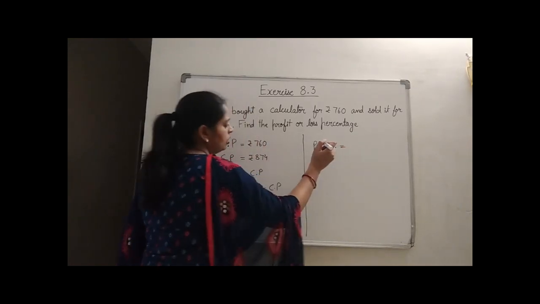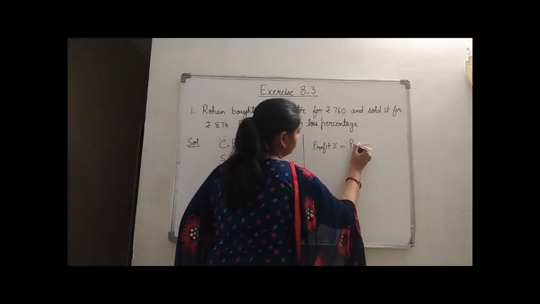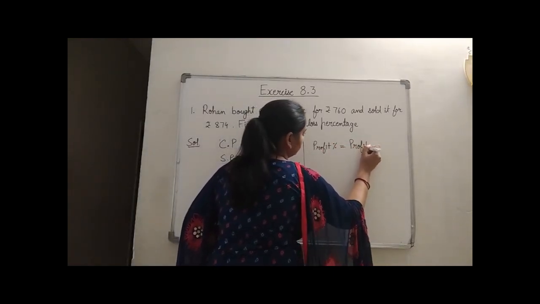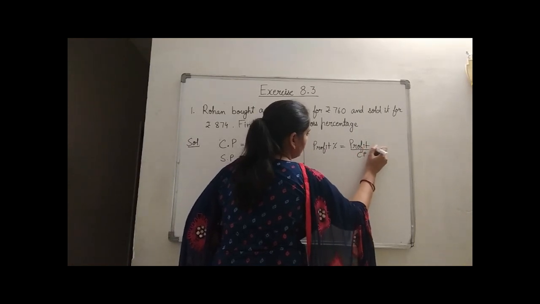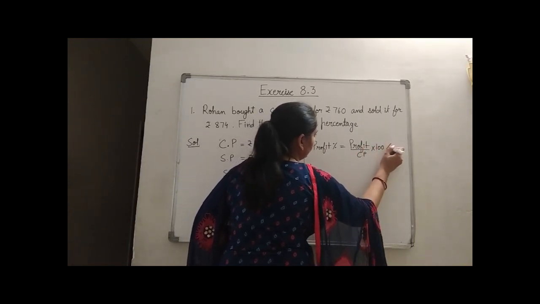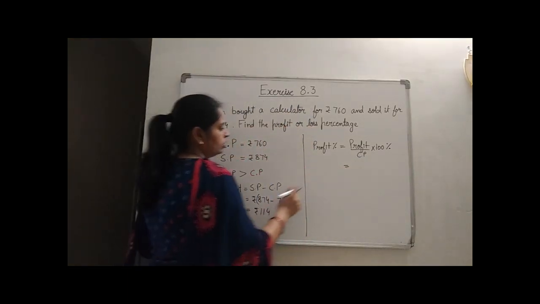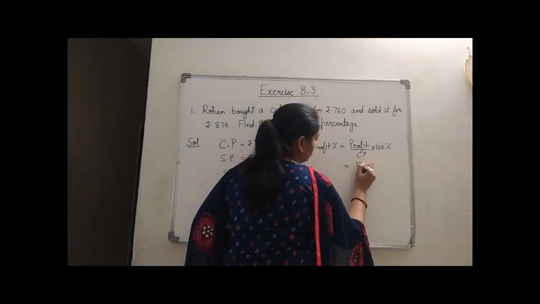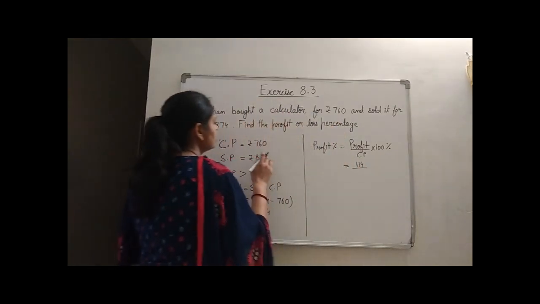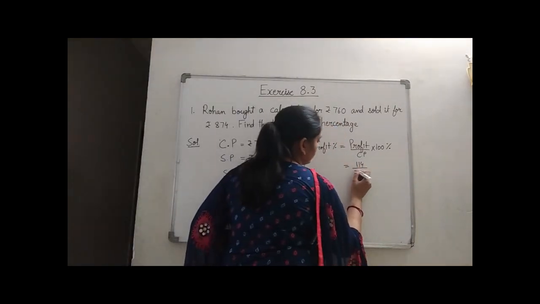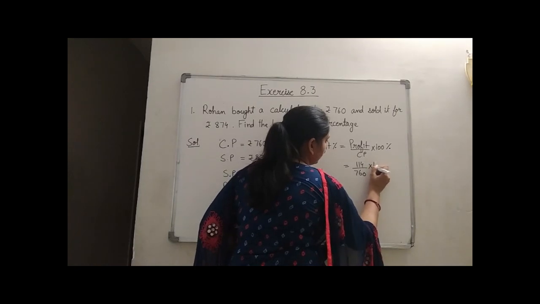Profit percent is equal to profit upon CP multiplied by 100%. Right? So we are having profit of 114 rupees, cost price is rupees 760, multiplied by 100.